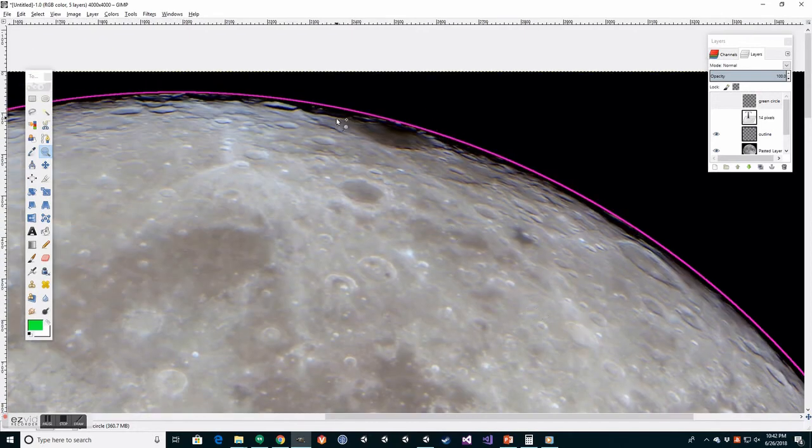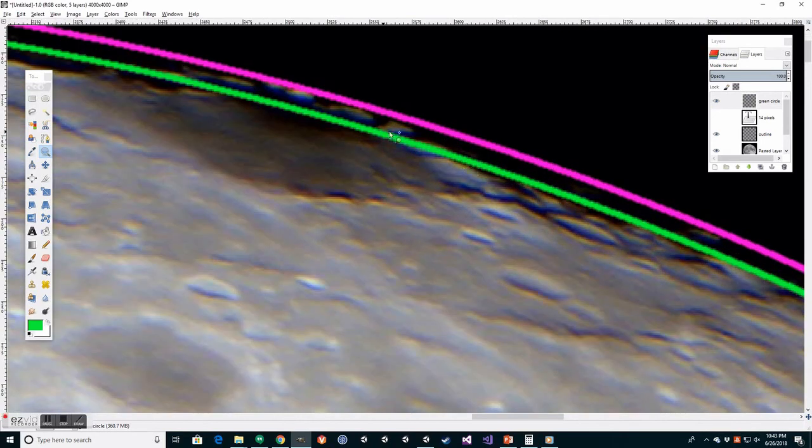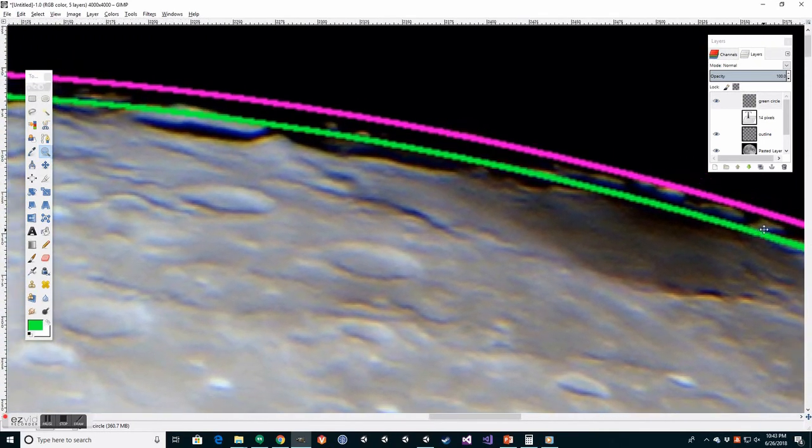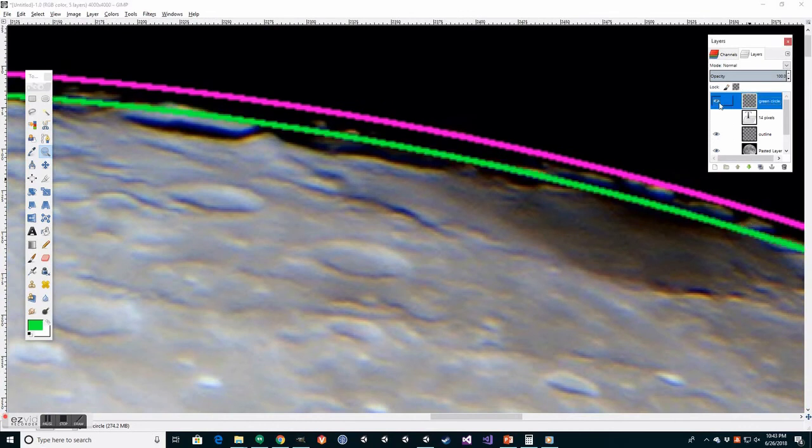And you can see right in here, it's not completely illuminated. So I grabbed another circle, my best estimate of where the terminator line is. Something like that. Obviously this is an estimate, so I'm going to put my margin of error at plus or minus 4 pixels maybe.